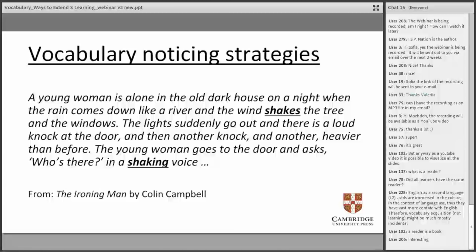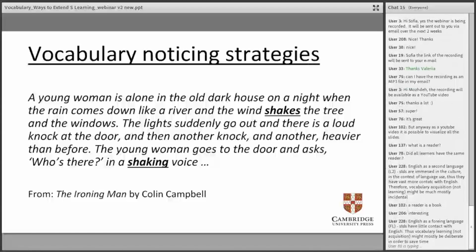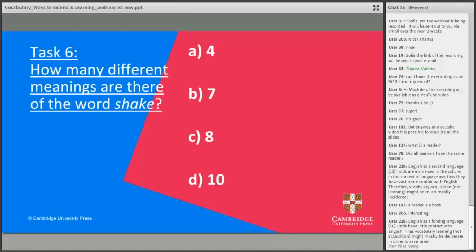But as she walks towards the door, she's having this fantasy about a young woman who's going to answer the door. But in fact, nothing terrible happens. It's just her imagination. What I was particularly interested in, in terms of teaching my learners strategies, was focusing on these two uses of shake.